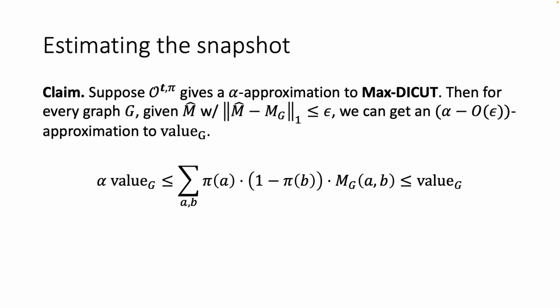The expected value of this assignment, again, we know is an underestimate for the value, but not by a factor more than alpha. So if you have an estimate for this snapshot matrix, you can estimate this expression, which gives you an alpha minus epsilon approximation to the value.